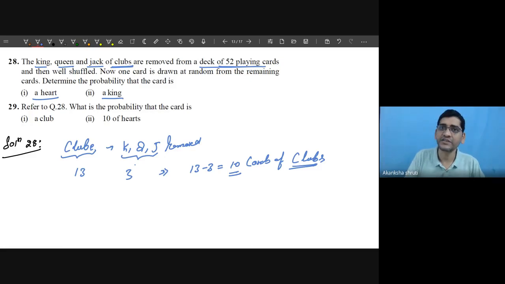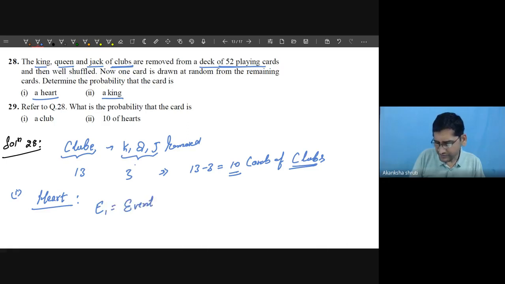Yes, student. So for this first one, it is asking for heart. Heart have how many cards? So you may write like this. E1, event of getting heart.